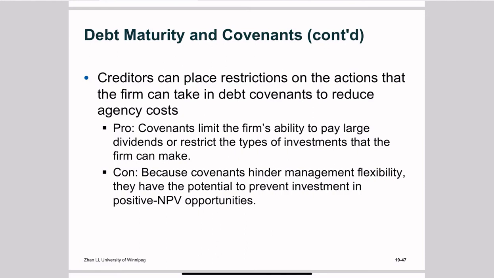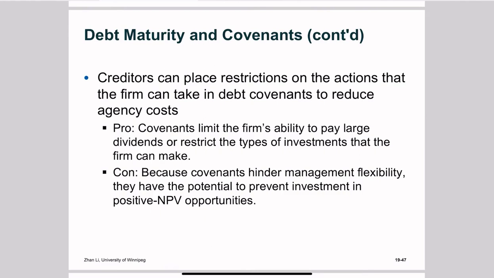So in this case, the debt holders can use the debt covenants to tell these shareholders, you cannot pay dividends, or these debt holders can put a cap on the amount of dividends which can be paid to shareholders. So in this case, it will be more difficult for shareholders to do this cashing out strategy, right?